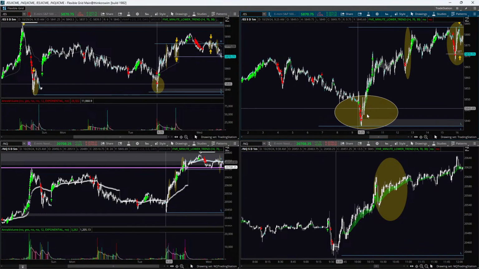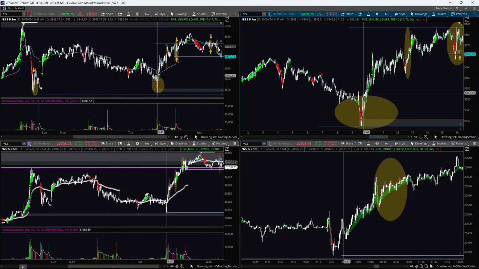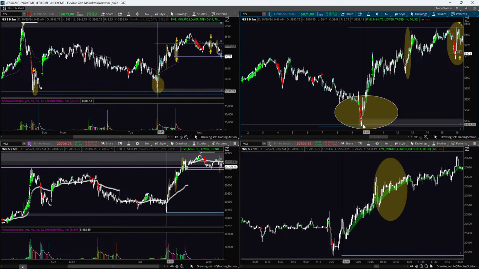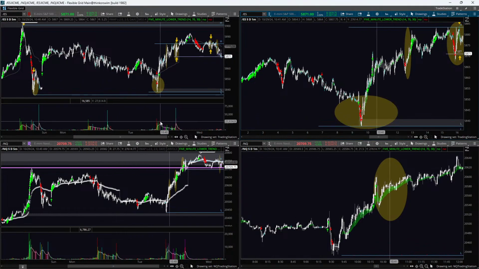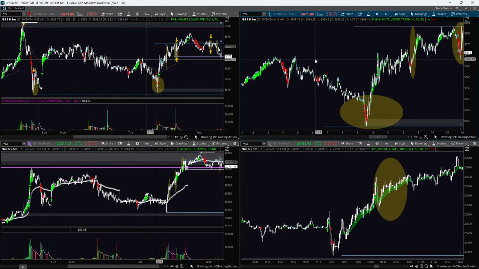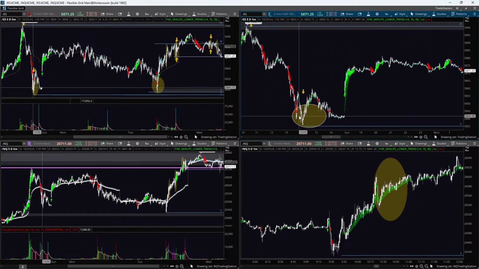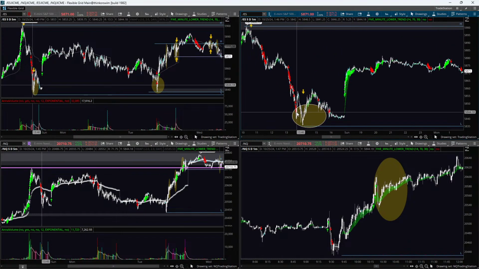Give me a minute as my brain tries to make sense of all of this. Nice cluster here. This may stay the way it is. There's no cluster there.